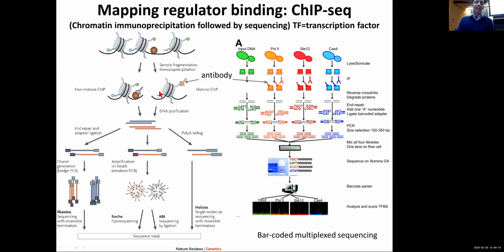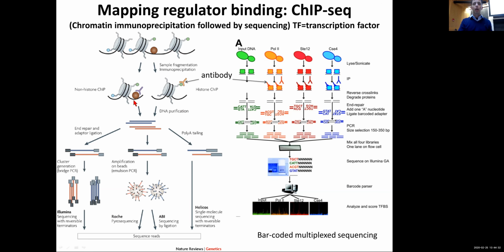Now that you've pulled down all of these regions, you can ask, what is the DNA that came along with these transcription factors? So I can do a ChIP-seq experiment for a particular regulator and pull down all of the regions that are bound by that regulator.